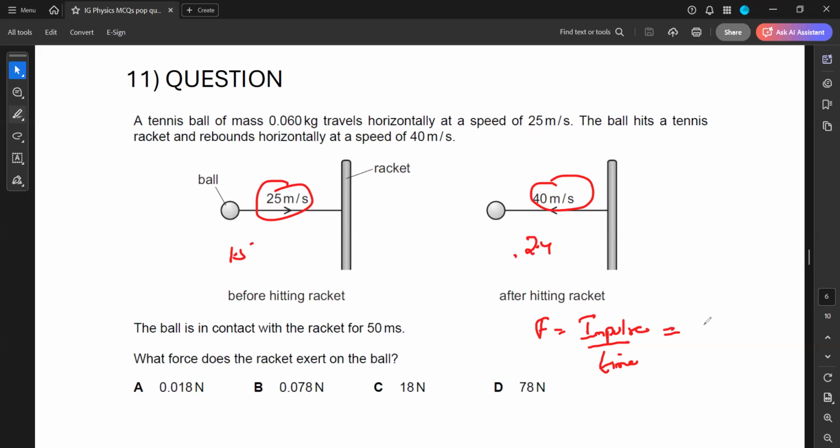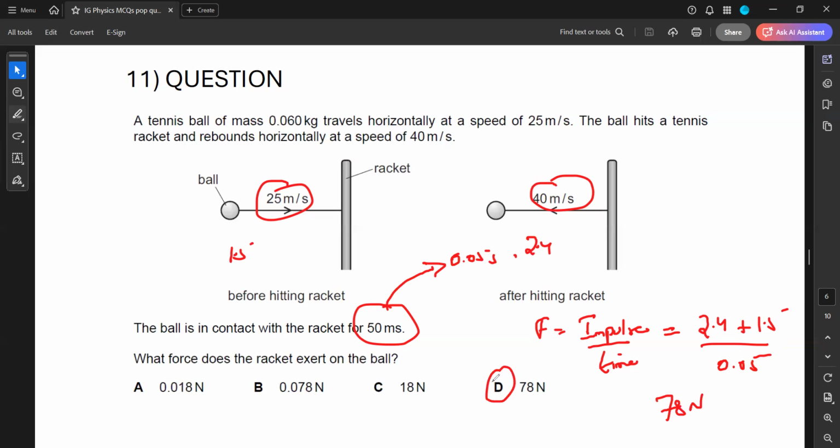If an object bounces back, how to get the impulse? It will be final plus initial. So it will be 2.4 plus 1.5, that will be 3.9. And divided by time, it's 50 milliseconds. How to convert? Divide by 1000, so this will be 0.05 seconds. So 3.9 divided by 0.05 equals 78 newtons. So that's why D will be the right answer.